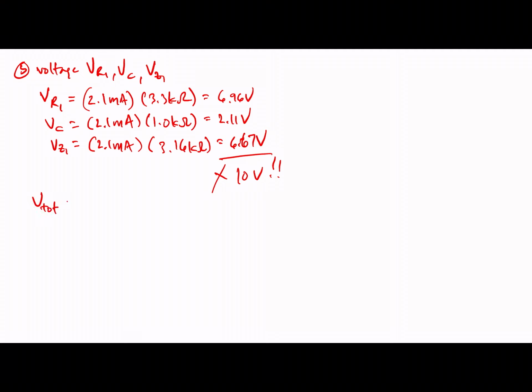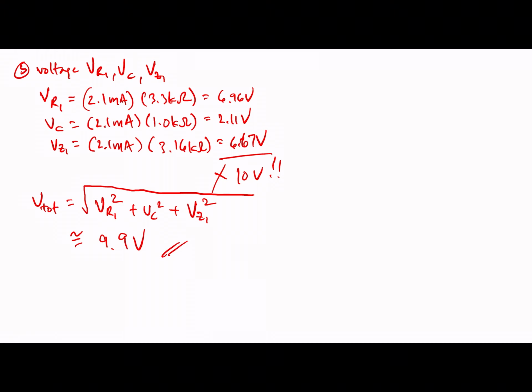The correct way is to solve this by taking the sum of the squares: VR1 squared plus VC squared plus VZ1 squared. And if you do that, you get around 9.9 volts. That's approximate, and that's all just because of rounding off errors.